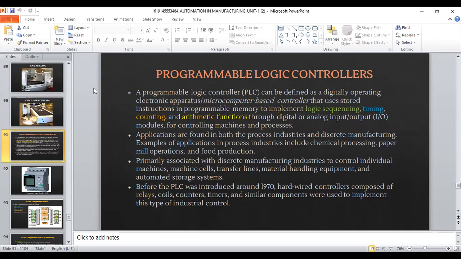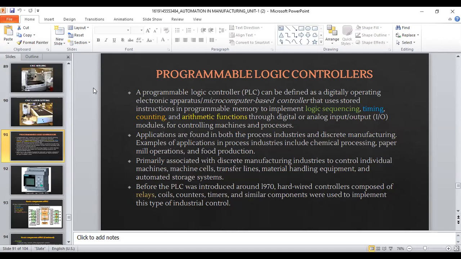Through what? Through digital or analog input output modules. Taking in the input and then controlling the output based on all those logic sequencing, timing, counting, and arithmetic functions. All these are for controlling what? Machines and processes, right? So that was the comprehensive definition. Applications, as we discussed yesterday, are process industries and discrete manufacturing.